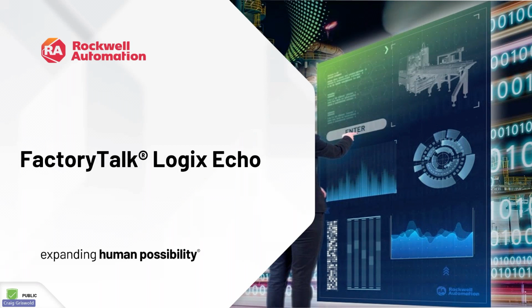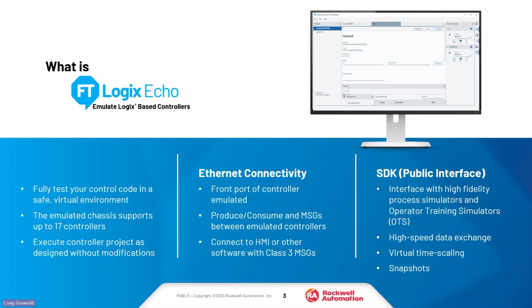All right, so FactoryTalk Logix Echo, just to level set what Echo is. It is our emulate tool for Logix-based controllers. So with the latest release of CompactLogix as well, so ControlLogix, CompactLogix, safety standards, and process controllers. It works very similar to the way a physical controller currently works. You're going to develop in Studio 5000.